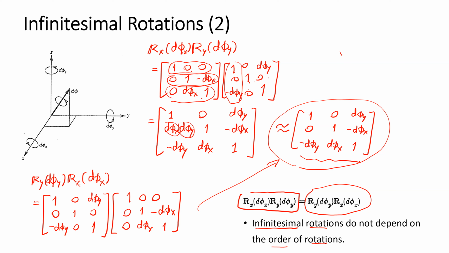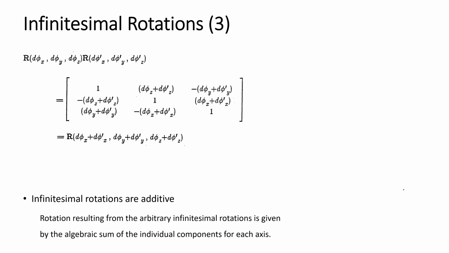With the small angle estimation, the matrix product will be equal. This is just only one property. We have another one which is very useful.